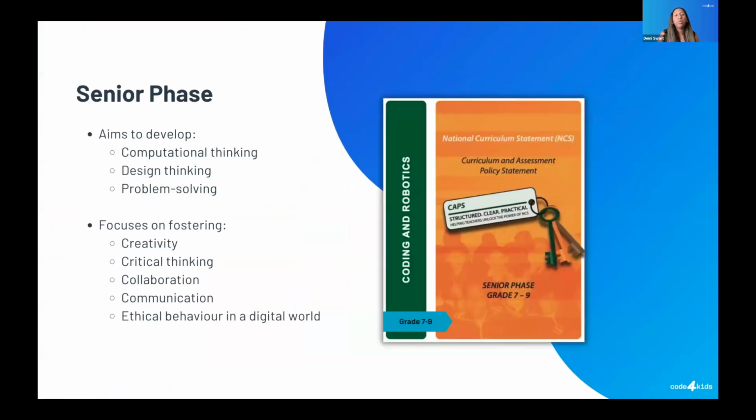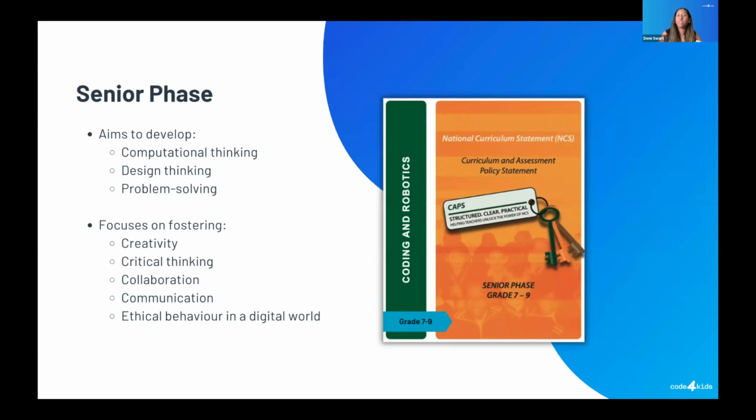And lastly, when we look at the senior phase CAPS document, we see that the curriculum is designed to be interdisciplinary again, connecting coding and robotics with other subjects like natural science, mathematics, and life orientation. The curriculum aims to develop computational thinking, design thinking, and problem-solving skills.